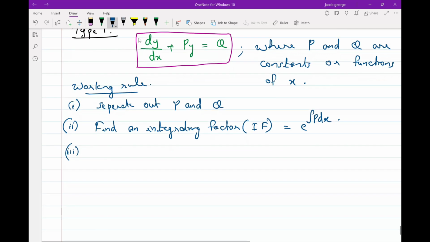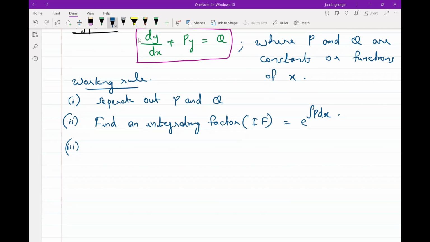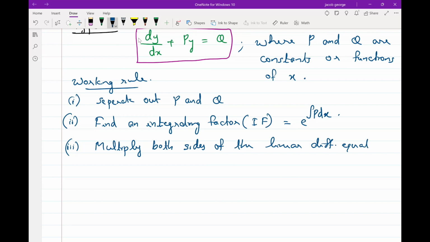So that is the next step: multiply both sides of the linear differential equation by the integrating factor, and integrate with respect to x.